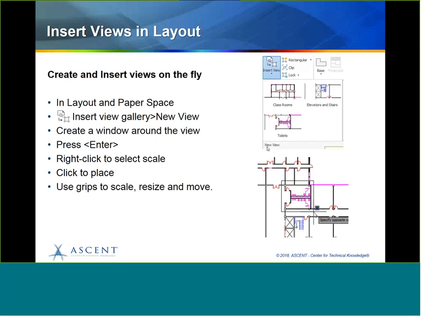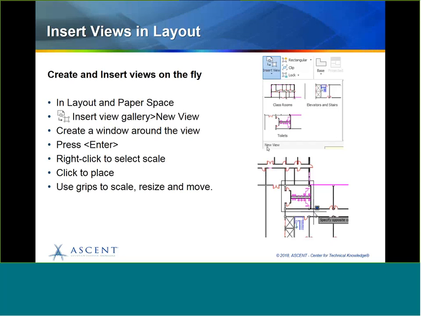After you have created a window around the desired area, you have to press Enter, and then you're switched back into paper space with a new window which is attached to the cursor, in the same way as when you were using the named views. Again, you can see how it looks and how much space it takes on the paper space.